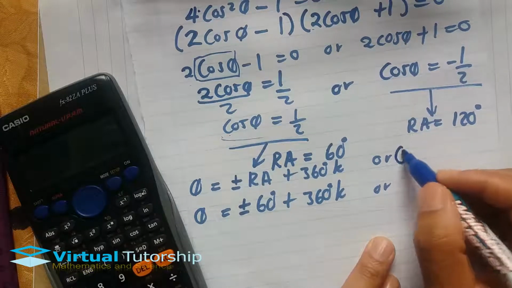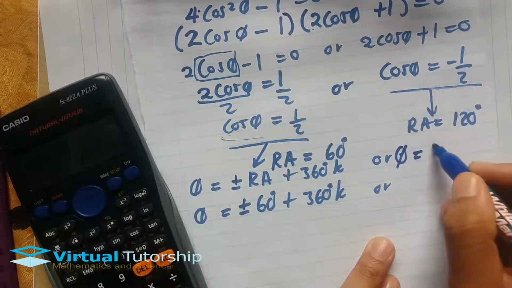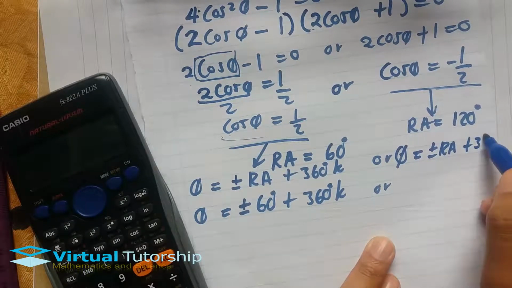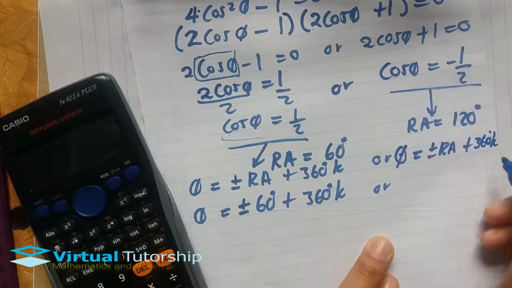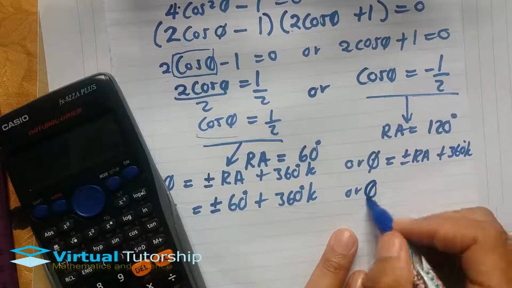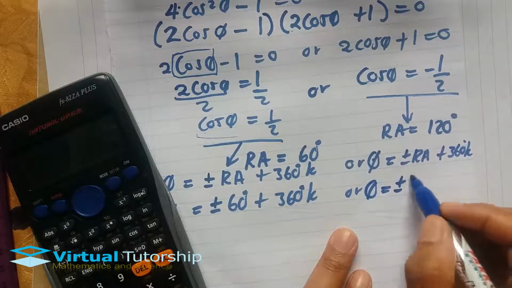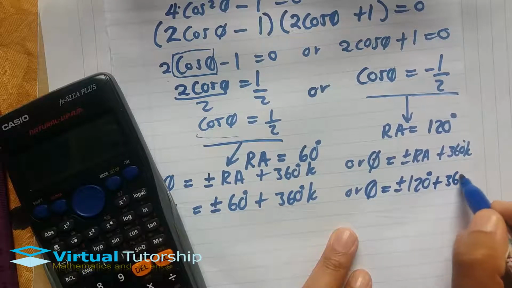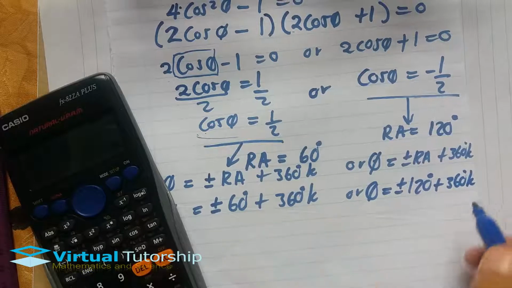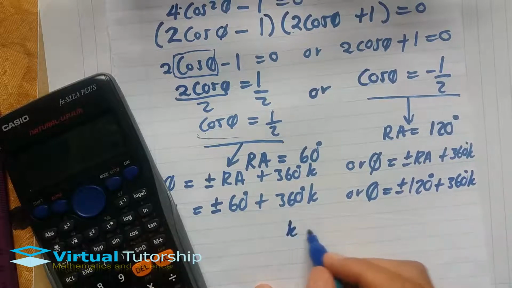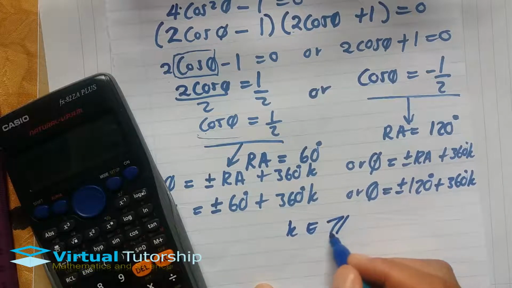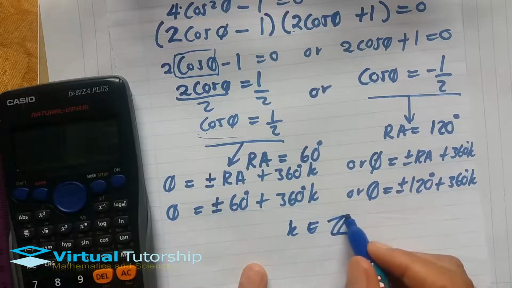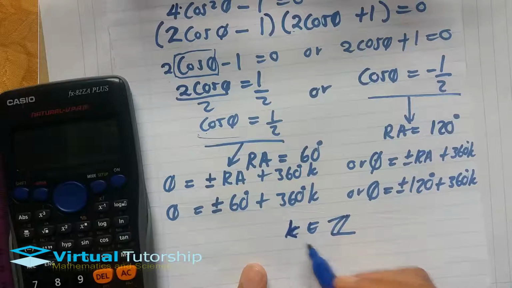So for this one, theta is equal to plus minus the reference angle plus 360 degree k. So theta is equal to plus minus 120 degree plus 360 degree k, where k is an element of integers.